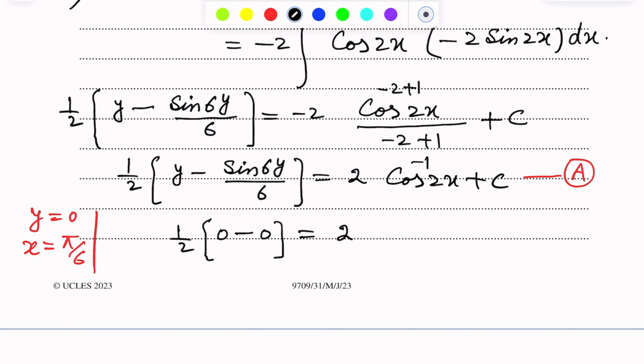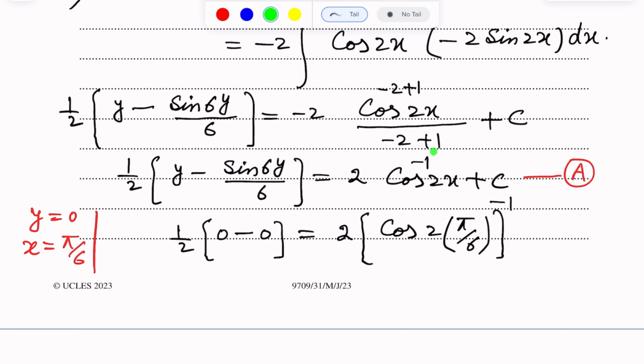On the right hand side, 2 into cos 2, the value of x is pi by 6, power is negative 1. We have written this power negative 1 as a whole here, plus c.